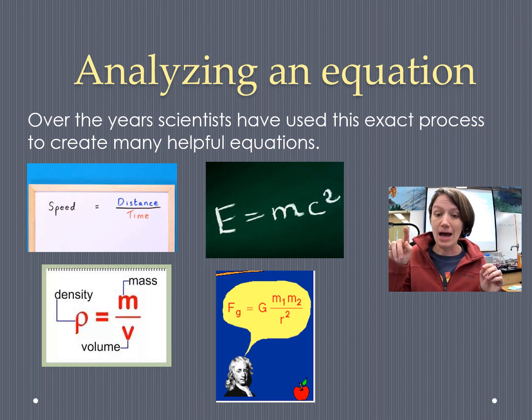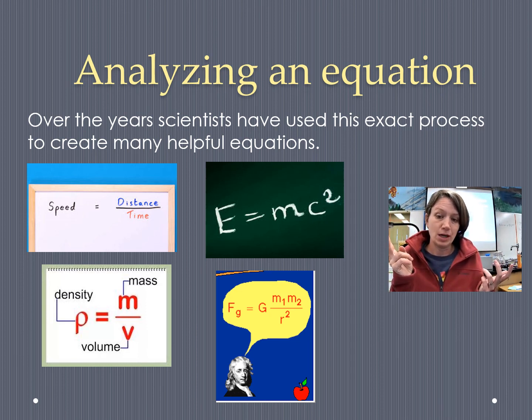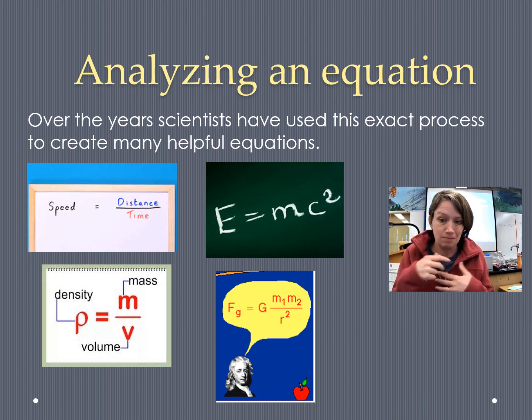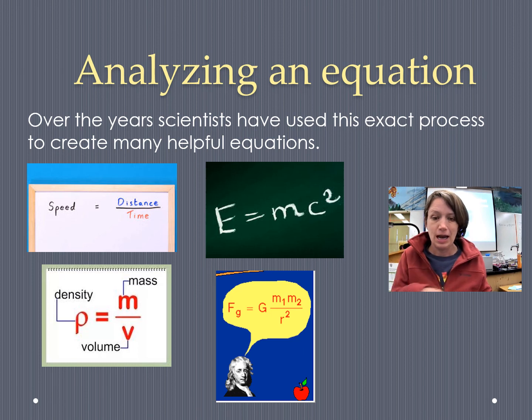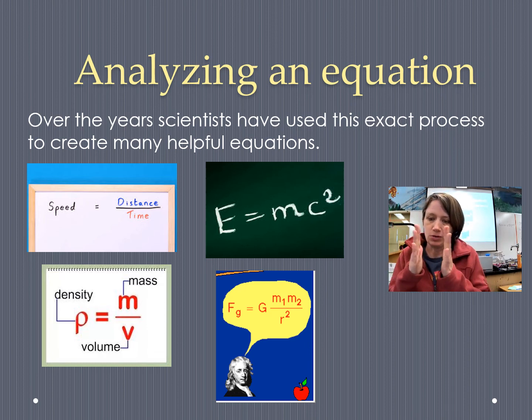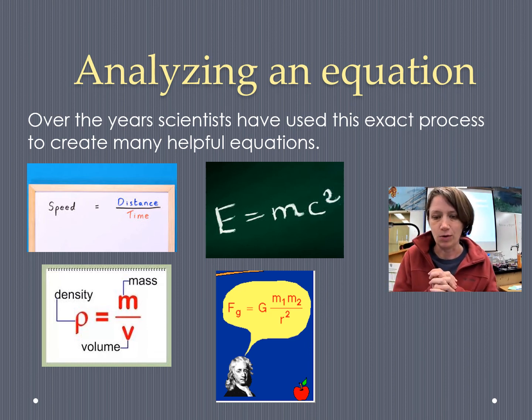And then we have the masses on the top, M1 and M2, the mass of the two objects that we're interested in, like the Earth and the Sun. And those are both linear relationships with FG. And then on the bottom of the fraction, we have an inverse relationship with R, which is the radius or the distance between the two objects that we're interested in, and it's an inverse relationship with R squared.